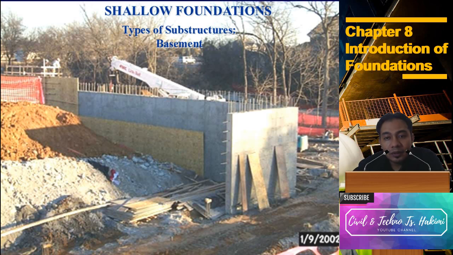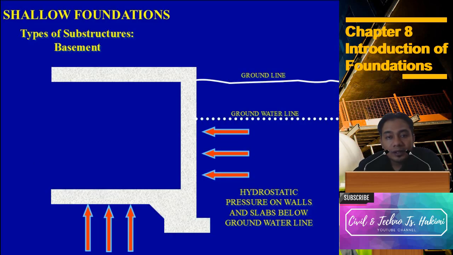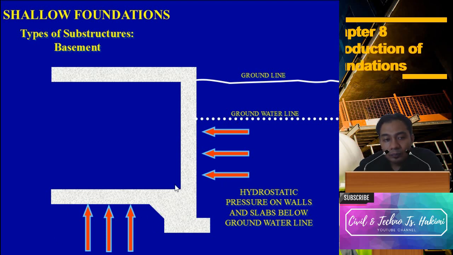To construct the basement, we need to consider several factors. This is the ground level, this is the groundwater level. We need to consider the hydrostatic pressure on the wall and slab below the groundwater, at the side and also below.